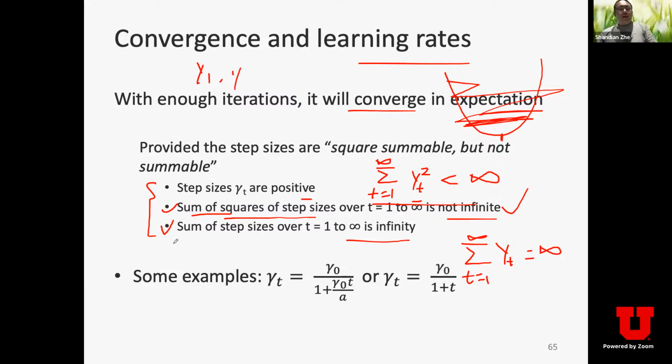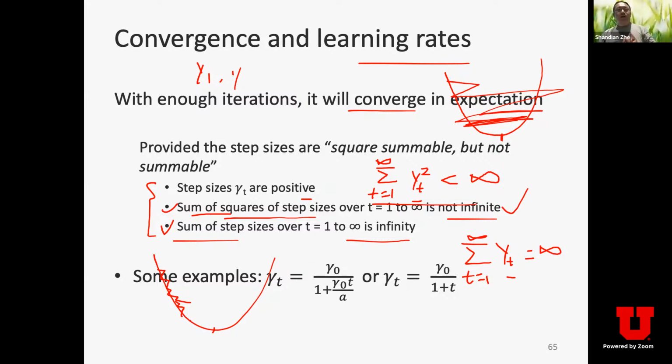But then what does the third condition mean? You sum over all the gamma t altogether, and we require this summation to be unbounded, to be infinity. What does it mean? Again, use this simple function as an example. It means that every step you must move enough distance. Imagine that if my movement is too small, every time I just move a little bit, I might just stop at some place and never be able to proceed.